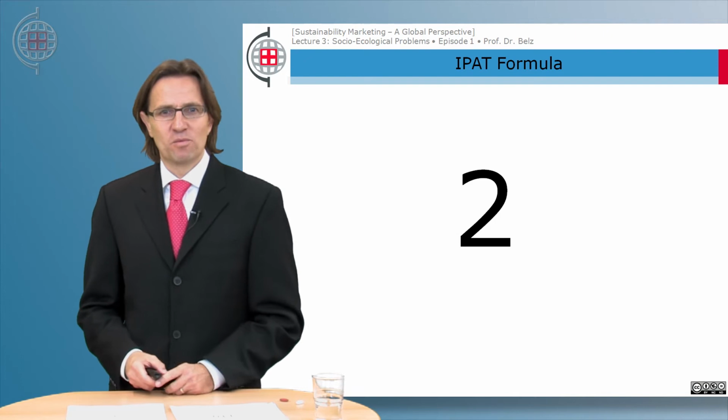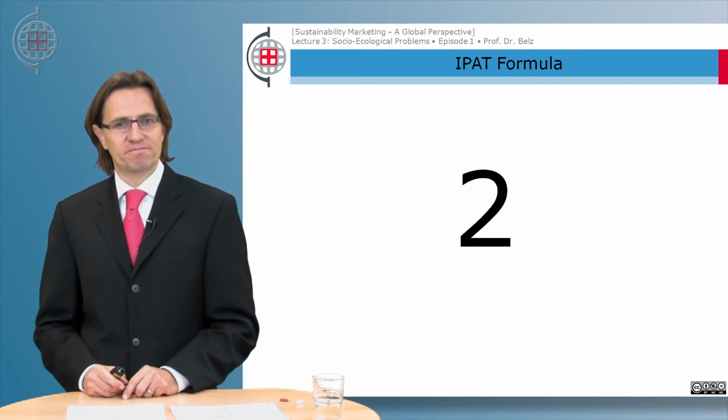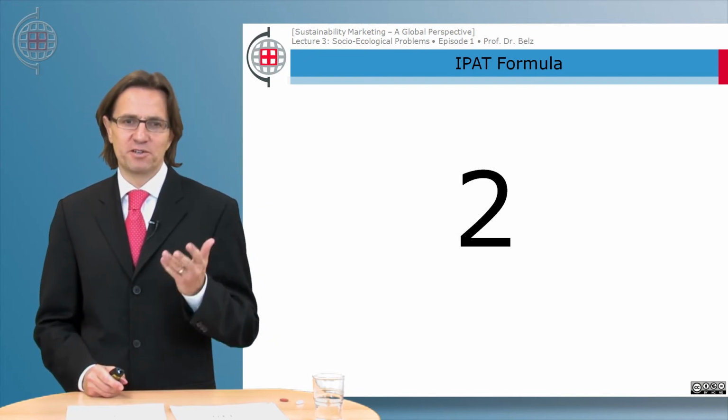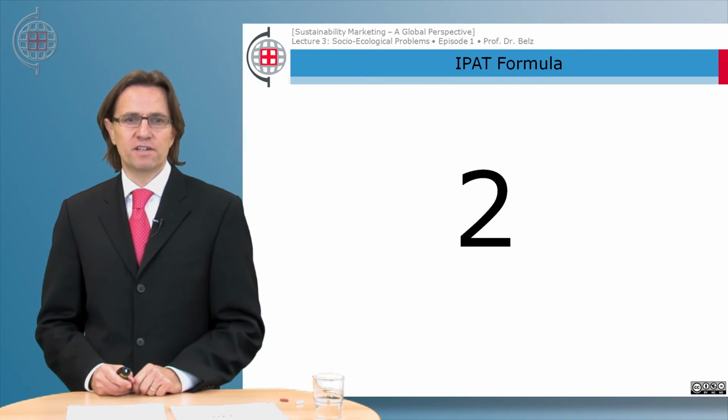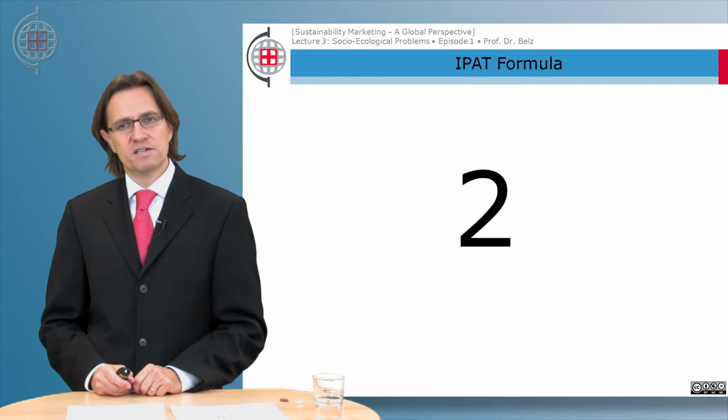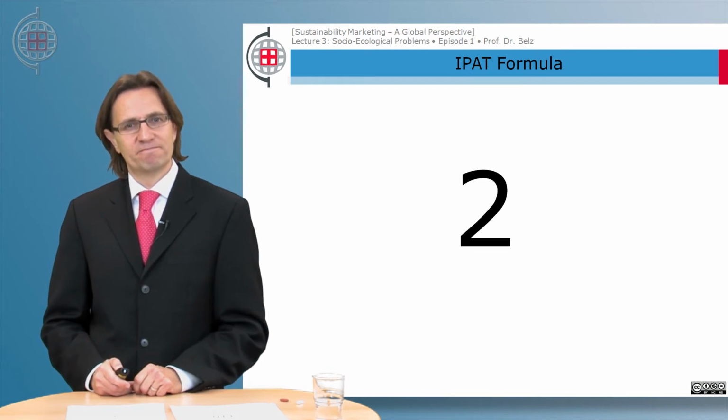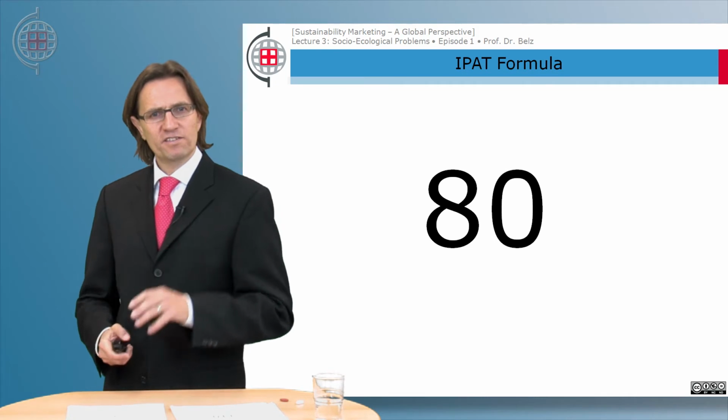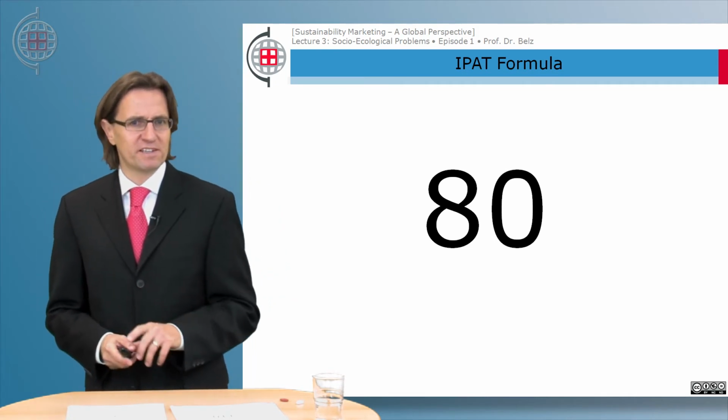What do you think? What does this number stand for? I will tell you. 2 liters is the average beer consumption per capita and year in India. What does this number stand for? What do you think?